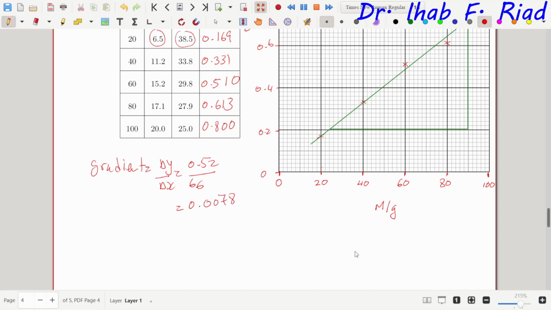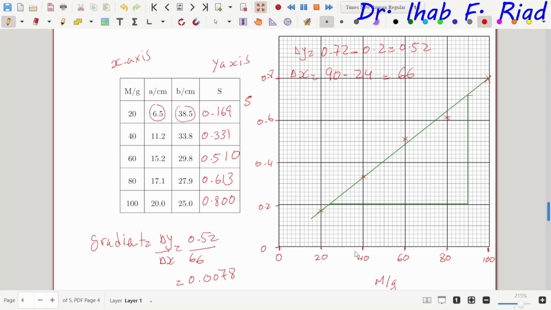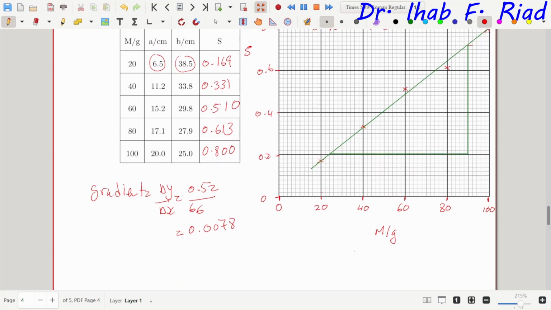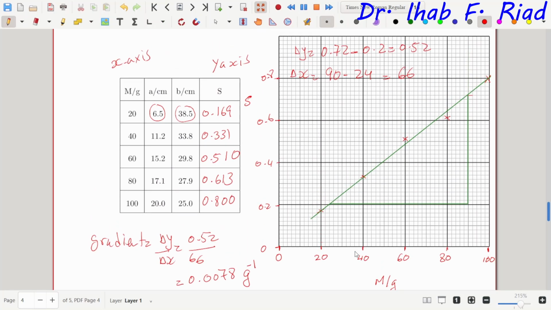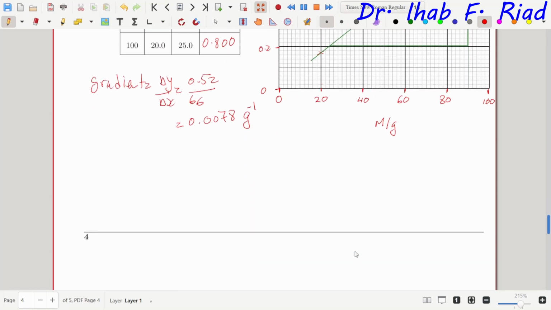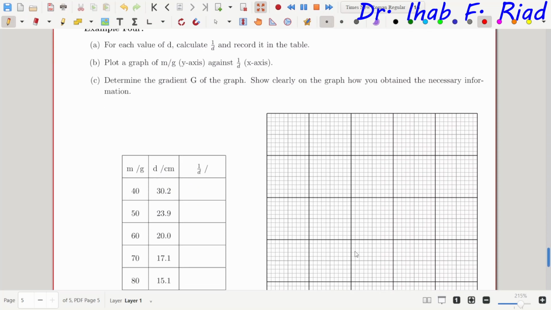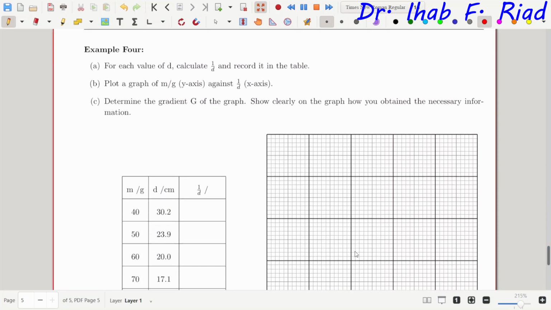And we need to take the units. On the y-axis we don't have units. On the x-axis we have units, so it is gram minus 1. Now let us go to the next question.